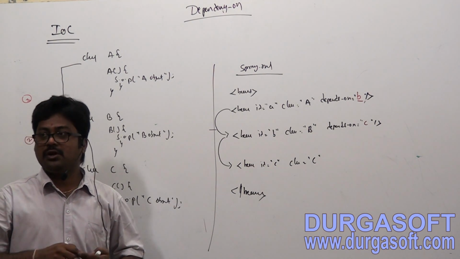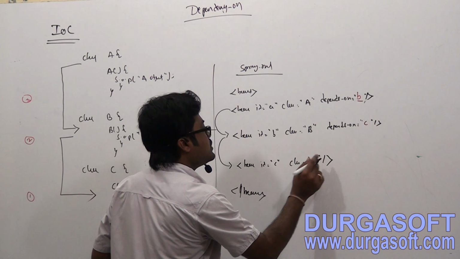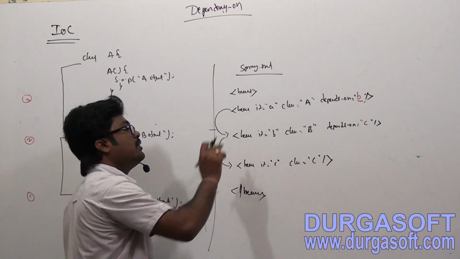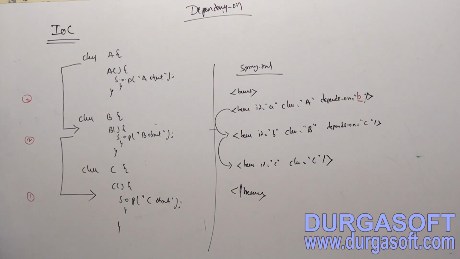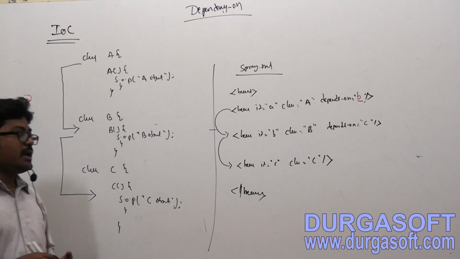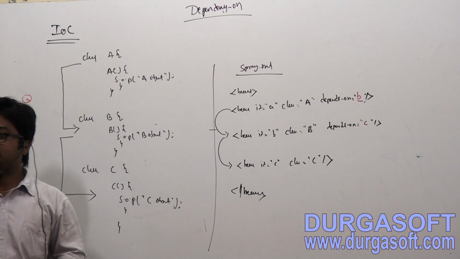Mutual dependencies we should not put. Finally C should not depend on A, or C should not depend on B. Two beans should not have any mutual dependencies. If they have mutual dependencies, then it is not possible to create those class objects.